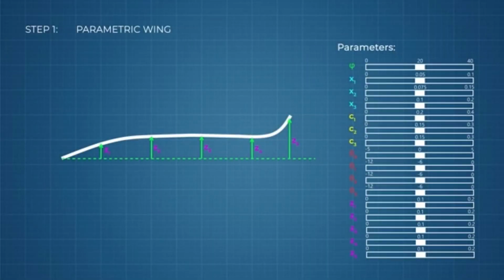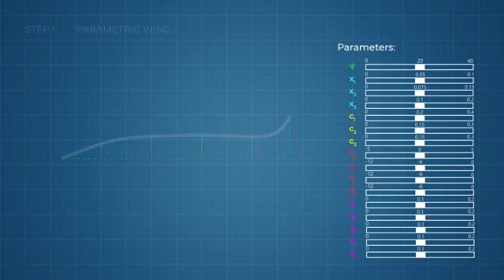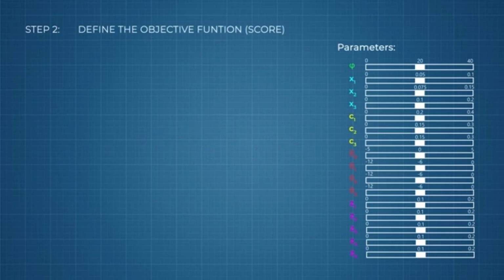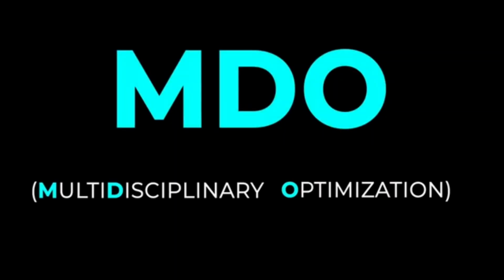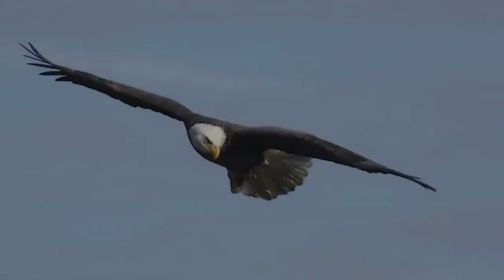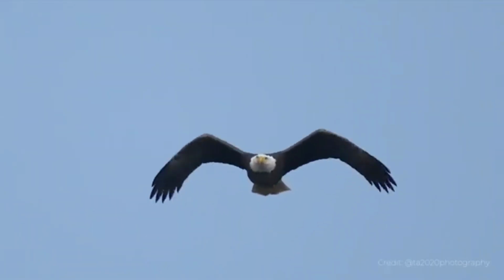Alright, now that the geometry is defined, let's talk about how the computer decides what "better" actually means. In my previous AI video, the goal was mostly aerodynamic efficiency, and that's a great starting point, but it is not the full problem. So this time I'm doing a so-called MDO, or multidisciplinary optimization. If you think about birds, evolution doesn't optimize for efficiency alone.